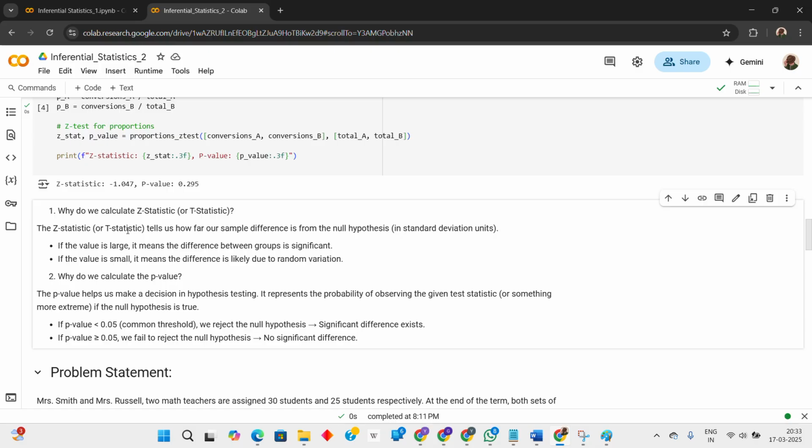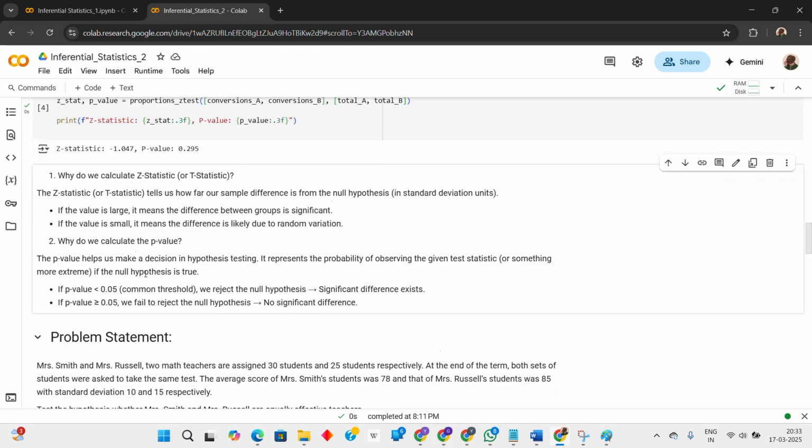Remember that. Why do we calculate these? It tells us how far our sample difference is from the null hypothesis. If the value of either the z statistic or t statistic is large, the difference between the groups is significant. If the value is small, the difference is likely due to random variation.